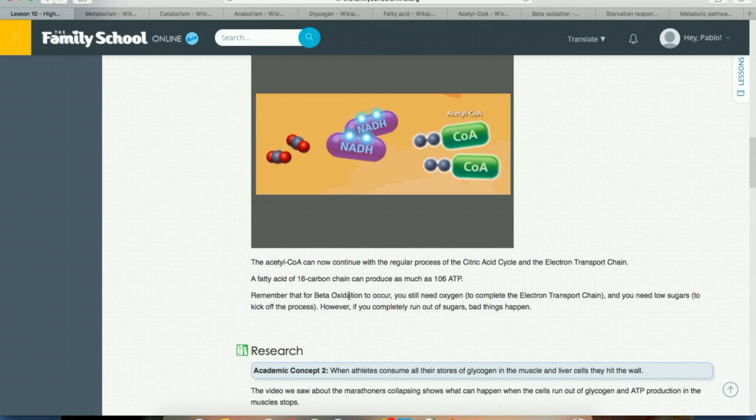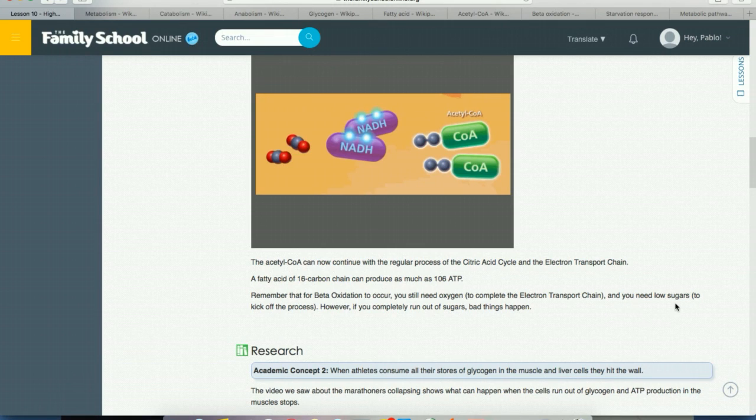We saw that. Remember that for beta oxidation to occur, you still need oxygen to complete the electron transport chain. Yes, that's right. The electron transport chain is where we use the oxygen. So in order for beta oxidation to happen, we still need to breathe in, right?